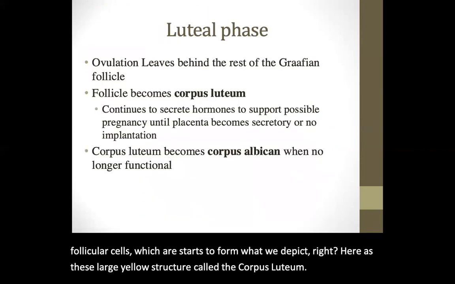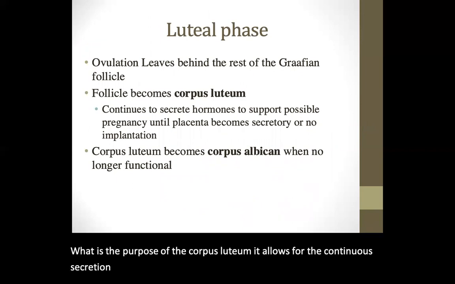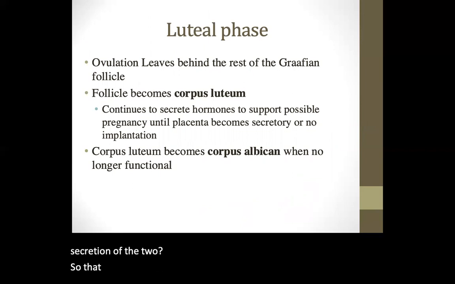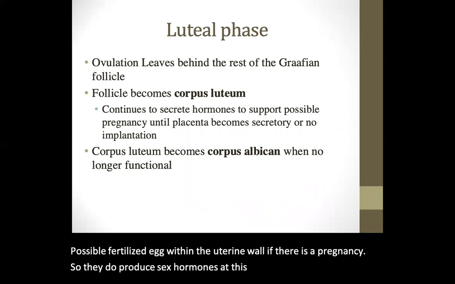What is the purpose of the corpus luteum? It allows for the continuous secretion of the two main sex hormones essential for the implantation of the possible fertilized egg within the uterine wall if there is a pregnancy. So they do produce sex hormones at this stage.